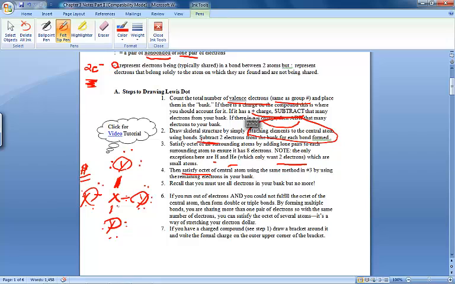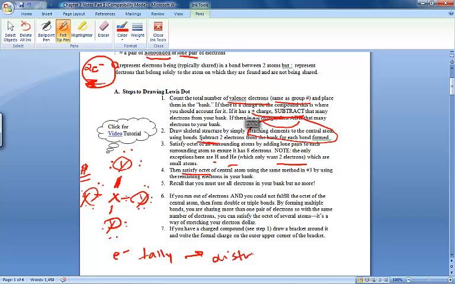There's 1 bond, 2 bonds, 3 bonds, 4 bonds. Each bond, again, is at a cost of 2 electrons or worth 2 electrons. That means this X element already has 4 bonds or 8 electrons. It already has an octet. So, the whole goal of this is to first find your total electron tally and then distribute it.